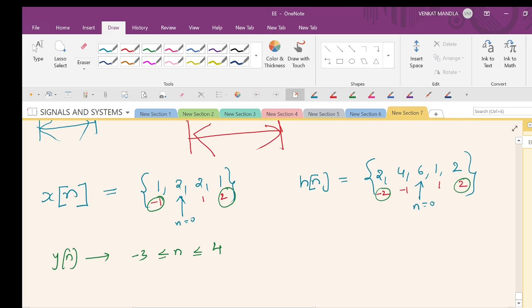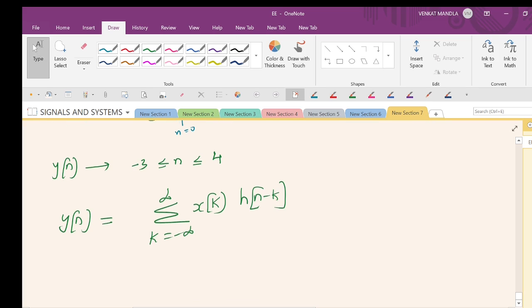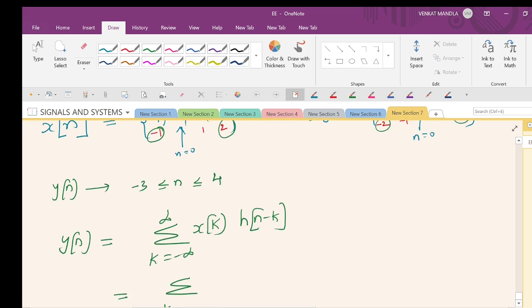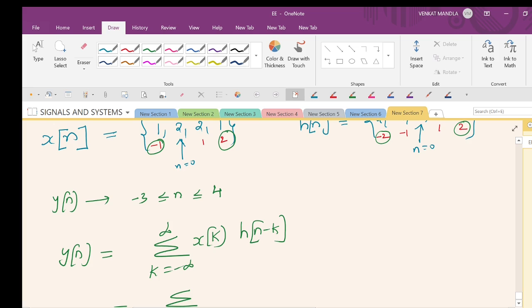Next, how to do the convolution. The actual formula is y of n equal to sigma k equal to minus infinity to plus infinity x of k h of n minus k. But here, only x of k exists from minus 1 to 2, right? x of 0, x of 1, x of 2, and x of minus 1.